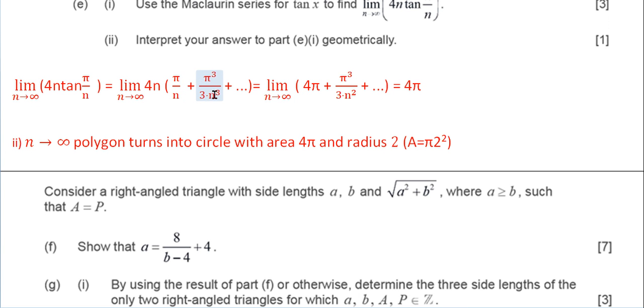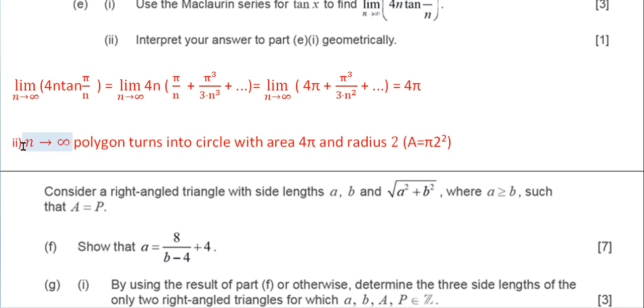Then for the next term, n over n cubed, that is 1 over n squared, tends to 0 when n tends to infinity. So our perimeter tends to 4π.